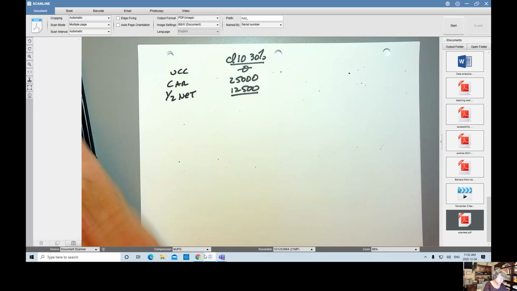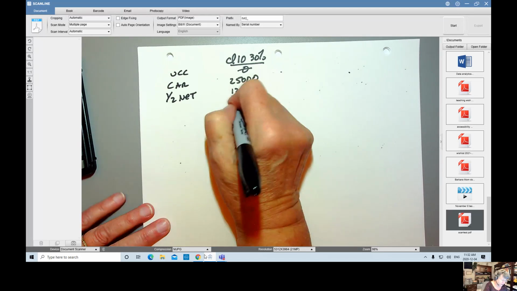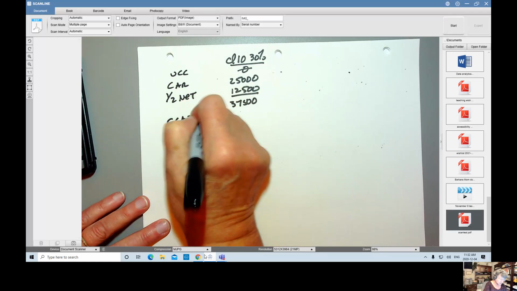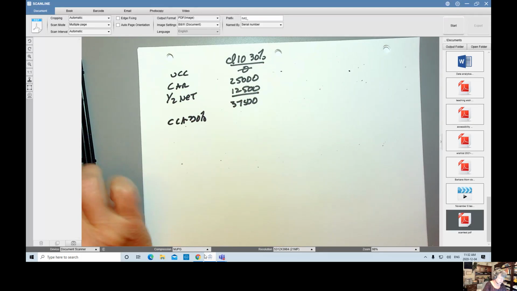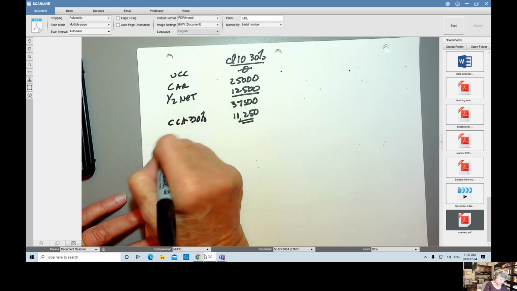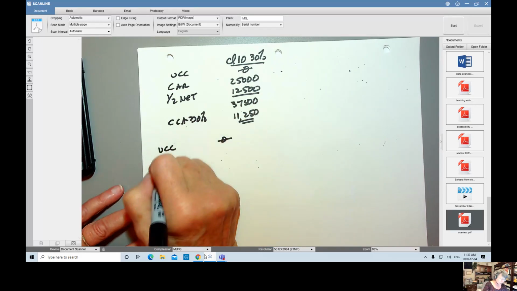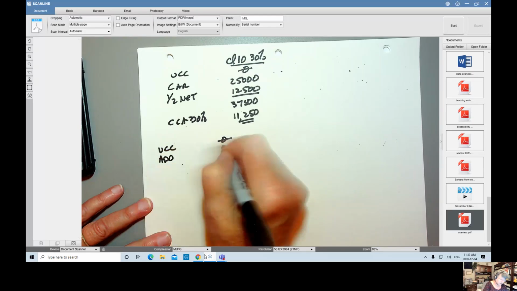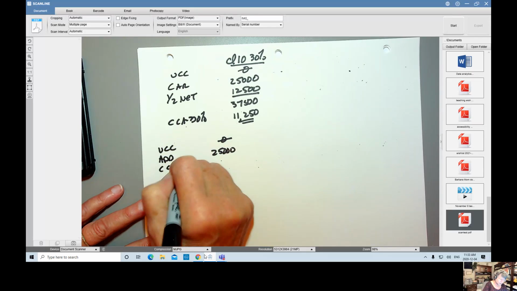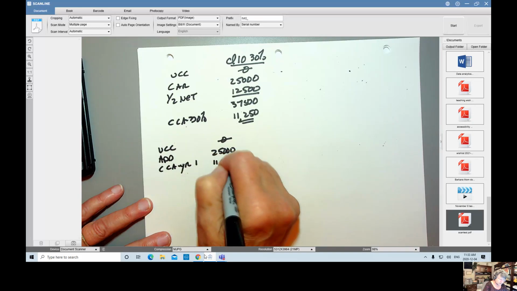So we have a UCC of 37,500. CCA at 30% is 11,250. So we have our UCC of 0, our addition of 25,000, and our CCA year 1, 11,250.